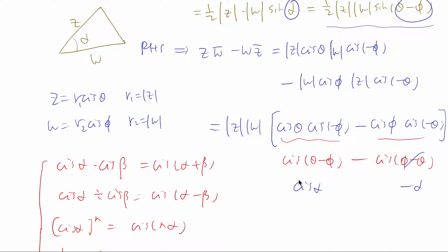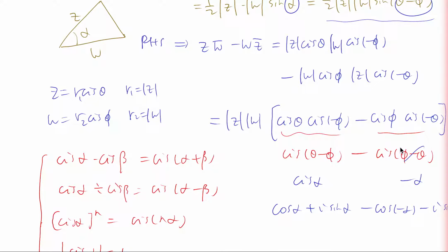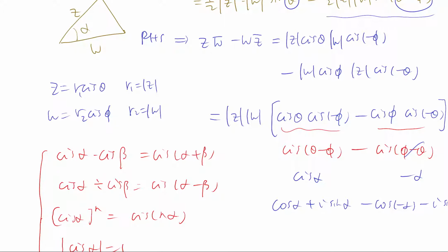Cis alpha is cos alpha plus i sine alpha. And cis minus alpha is cos minus alpha plus i sine minus alpha, and we are subtracting it. Because cos minus alpha equals cos alpha, these two cancel.